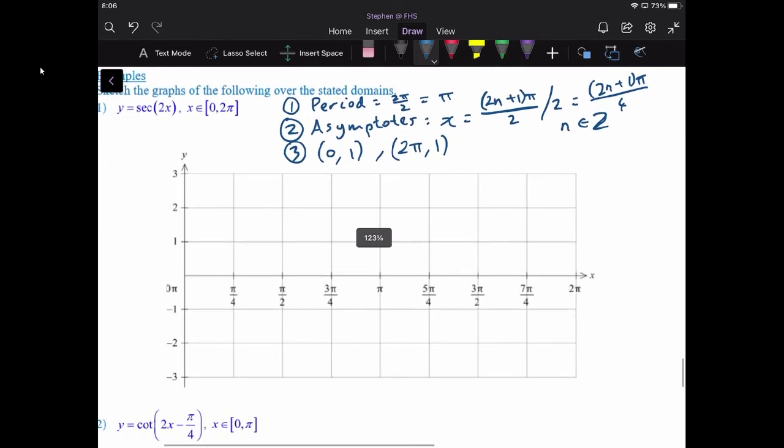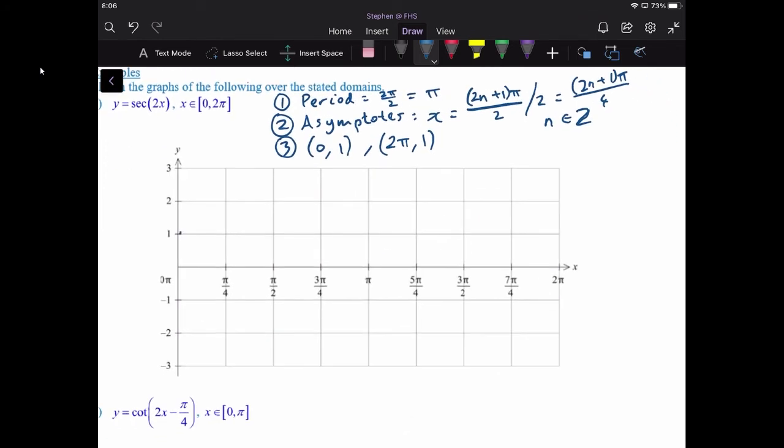So let's go and put all these things in. So (0, 1) is our endpoint, (2 pi, 1) is our other endpoint, and then we're going to have asymptotes at all odd multiples of pi on 4. So pi on 4 is going to be our first asymptote, x equals pi on 4.